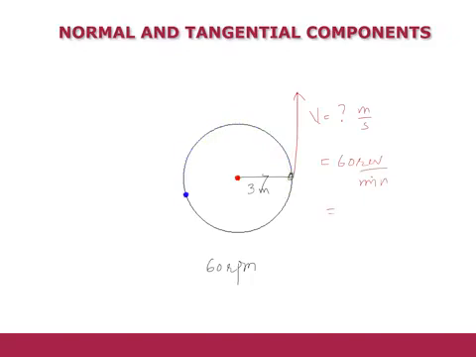For each revolution it covers the circumference, so this is 60 multiplied by 2 pi r divided by 60, right? The radius is 3 meters. When you solve it, you will get 18.8 meters per second. So this is the velocity with which it will move in this straight line.